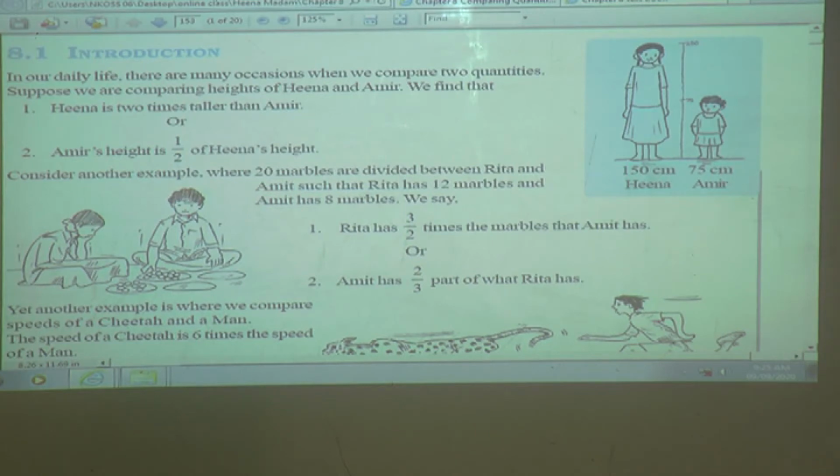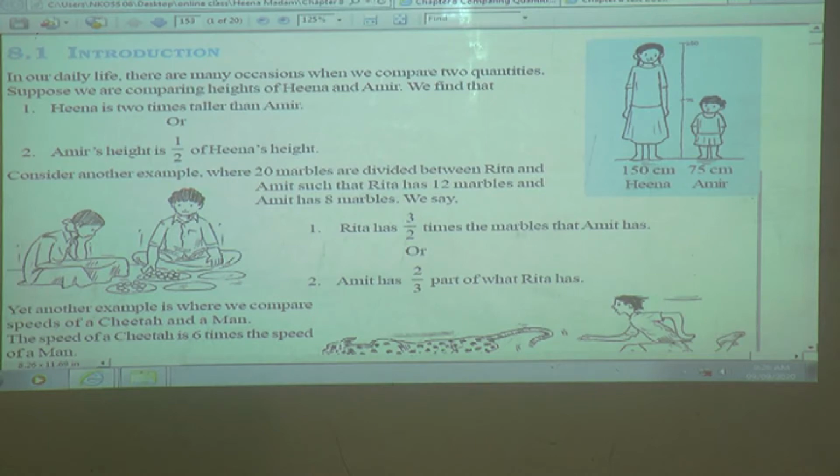So consider another example where 20 marbles are divided between Rita and Amit, such that Rita has 12 marbles and Amit has 8 marbles. So Rita has 3/2 times the marbles that Amit has, or we can say that Amit has 2/3 part of what Rita has.